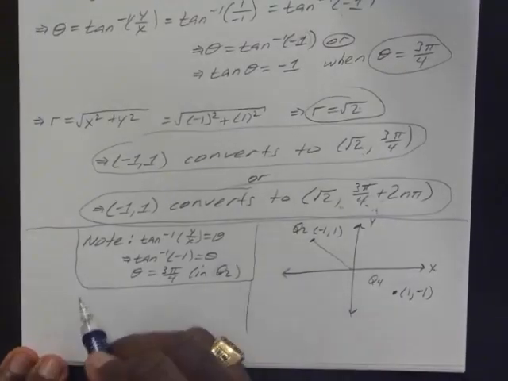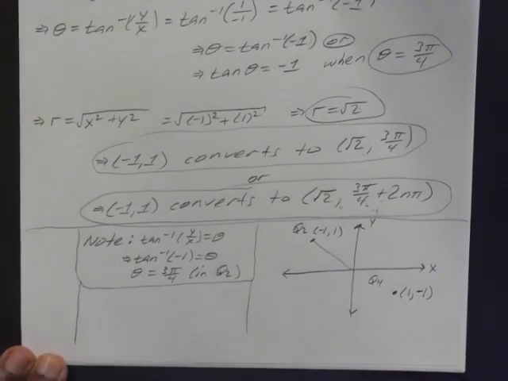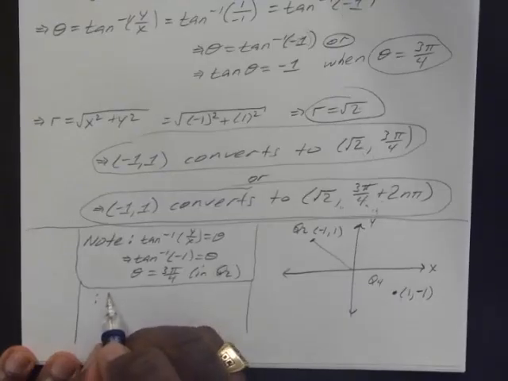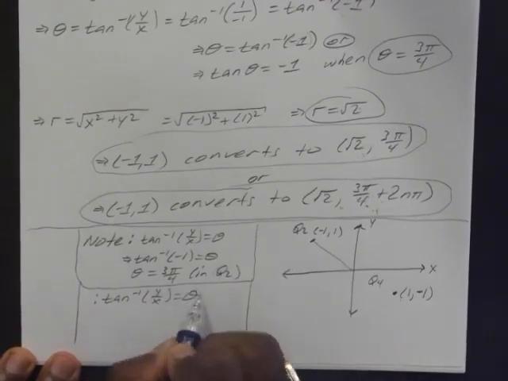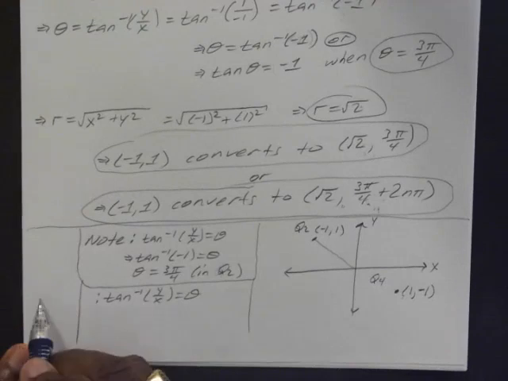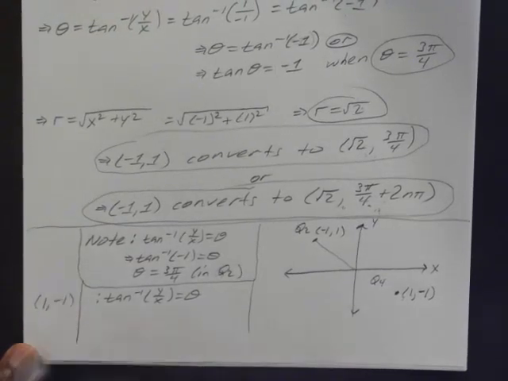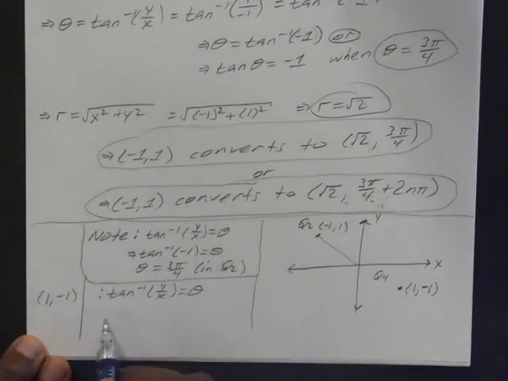But here, in quadrant 4, we had tangent inverse of y over x equals theta. If we had the point 1, -1, we'd still get tangent inverse of -1.